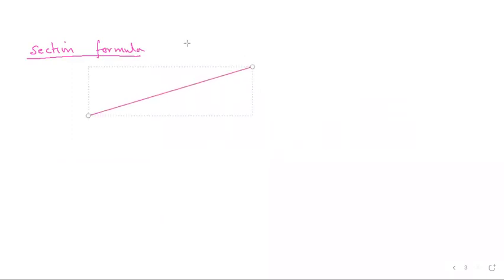If I have a segment AB, x1, y1, another point B, x2, y2. I have a point P in between A and B. And this P is dividing in a particular ratio, let's say m is to n. Then what will be the coordinate of P?